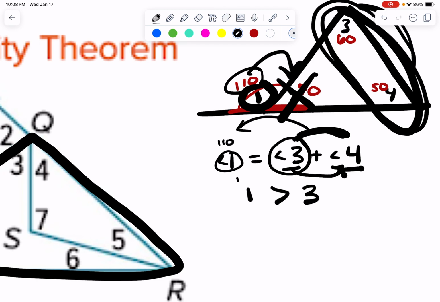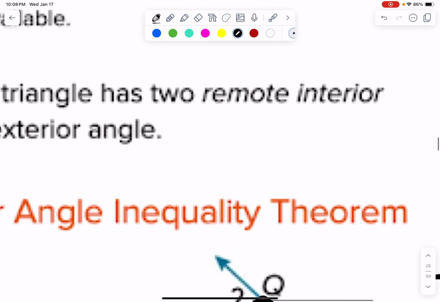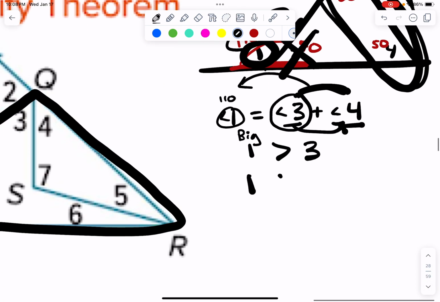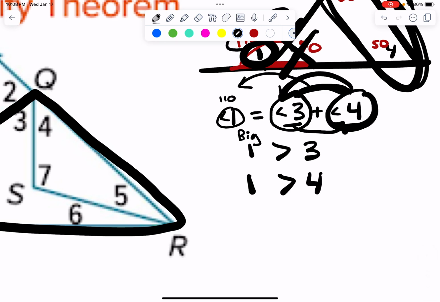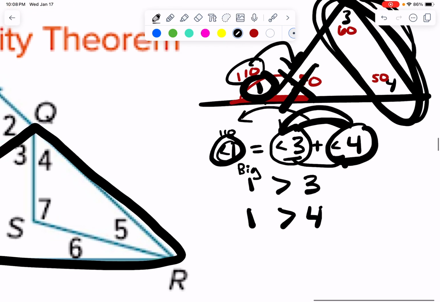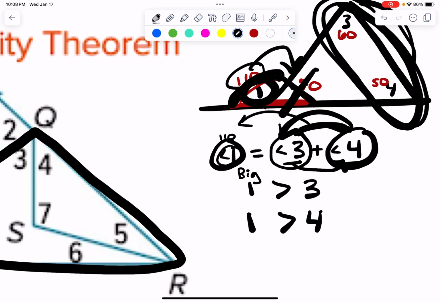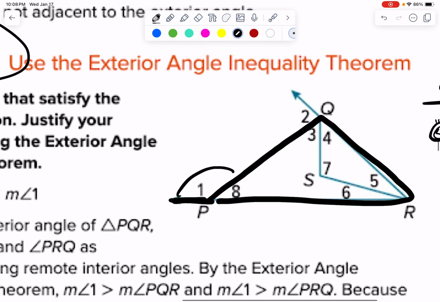So angle 1 is the biggest angle and angle 3 is a smaller one. In addition, angle 1 is also going to be bigger than angle 4 because 4 has to have a partner to go with in order to be as big as angle 1, right? So we can say that angle 1 has to be bigger than angle 3 and angle 4, okay? That's kind of how that works with exterior angles.